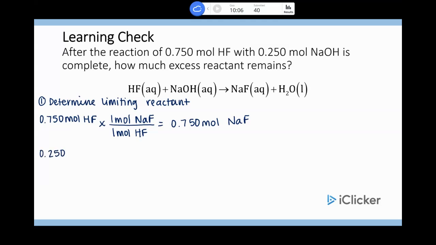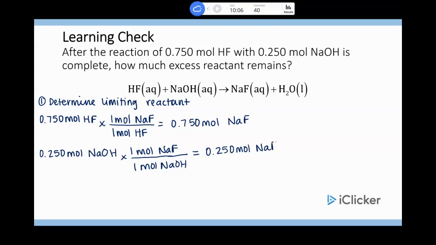So we start with 0.250 moles of NaOH. For every 1 mole of NaOH used up, 1 mole of sodium fluoride is produced. So 0.250 moles of sodium hydroxide produces 0.250 moles of sodium fluoride.